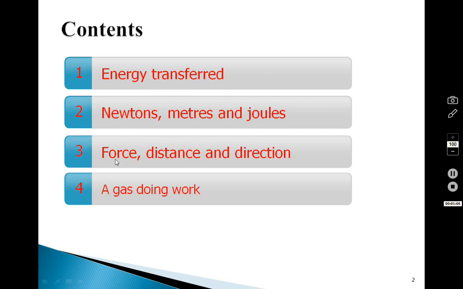Number 3 is similar to number 2, the relation between force, distance and direction. Force, distance and the direction of movement, or whether the movement of the subject is in the same direction or in a different direction.